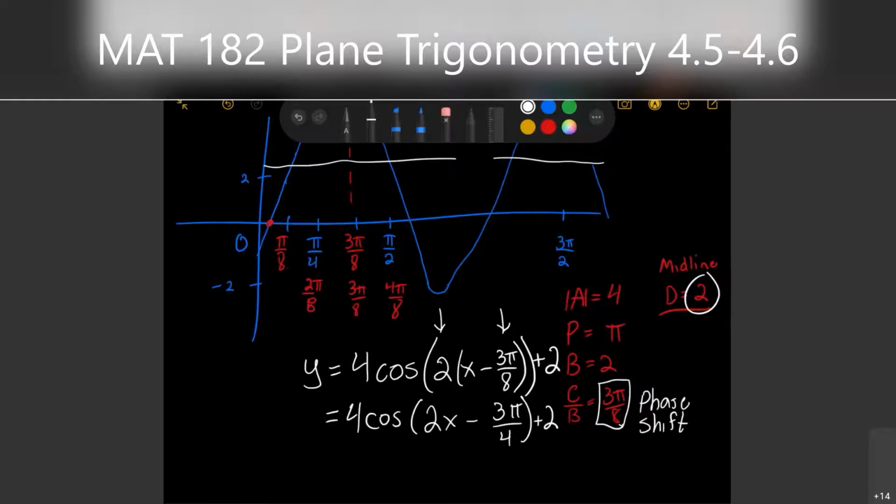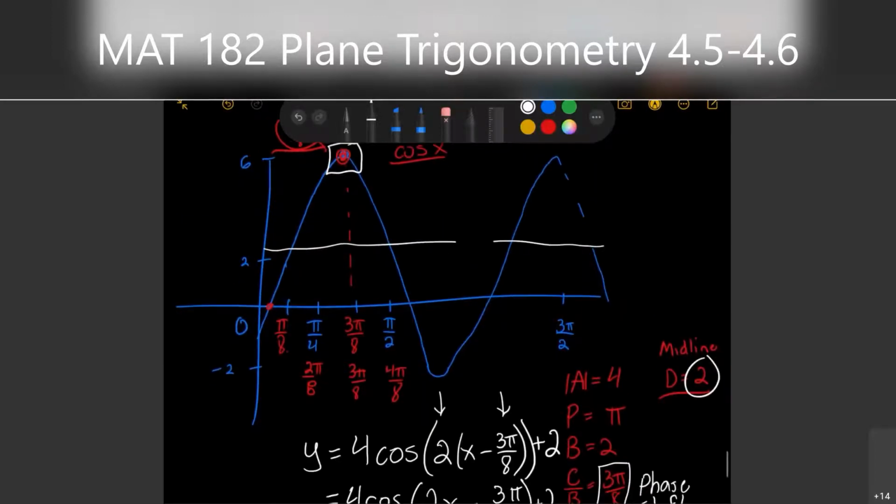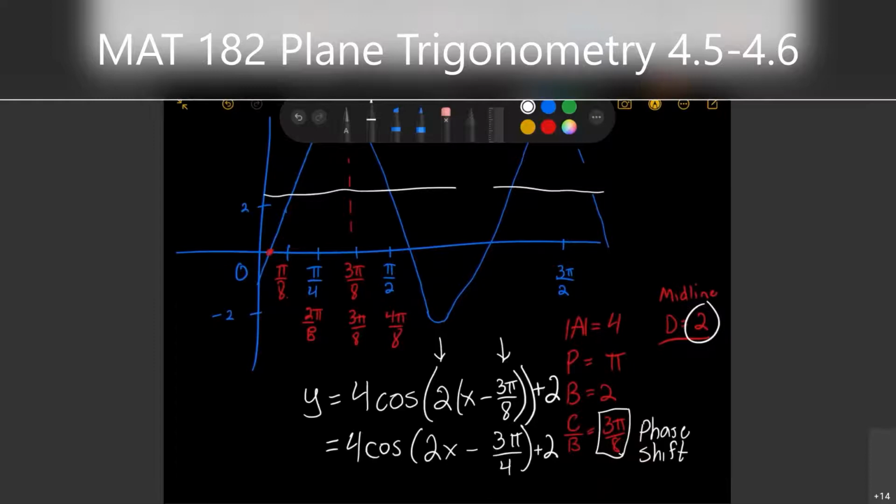Professor, why is our C over B value negative and not positive in this? Your C over B, in the equation itself, is always kind of opposite of the direction you go, because it's the overcompensation for your shift.